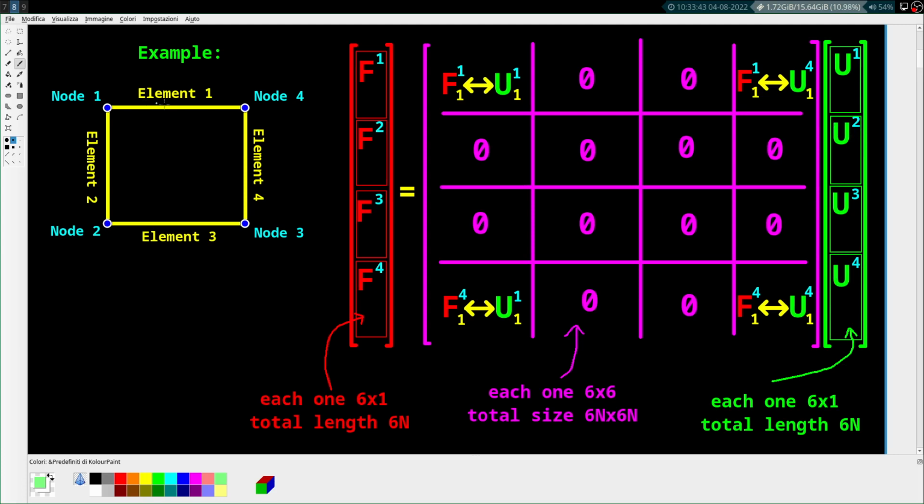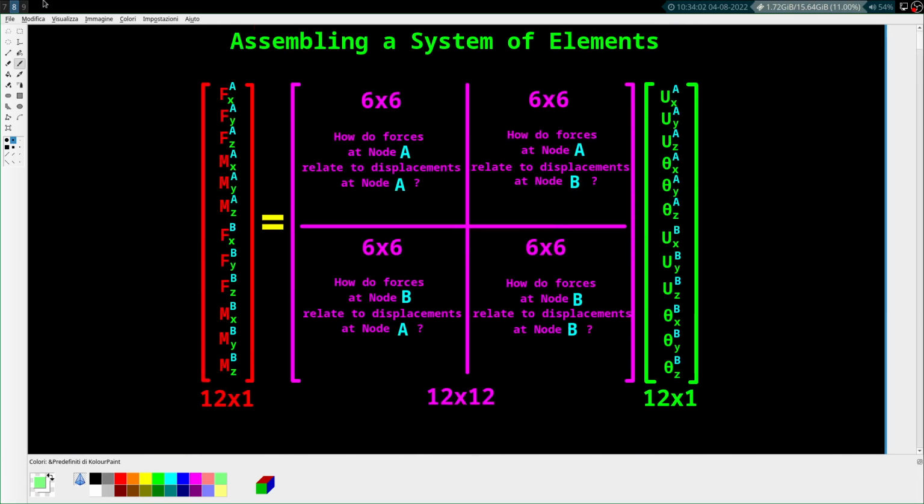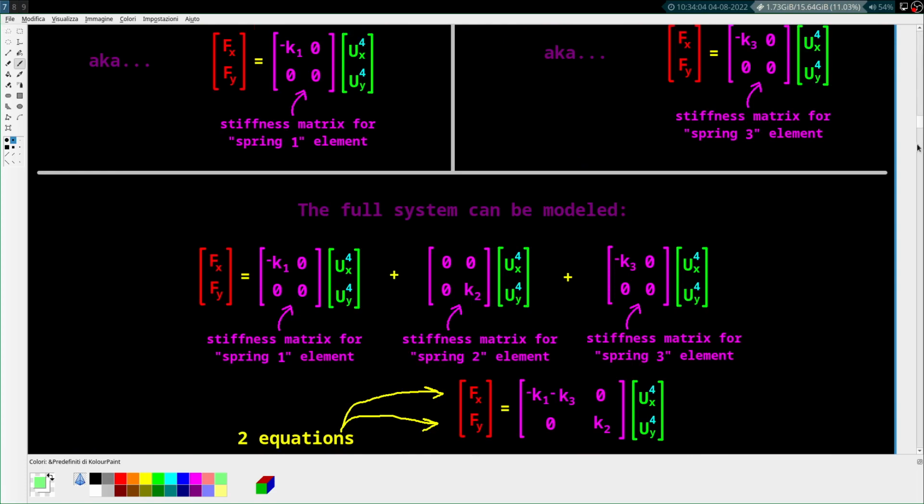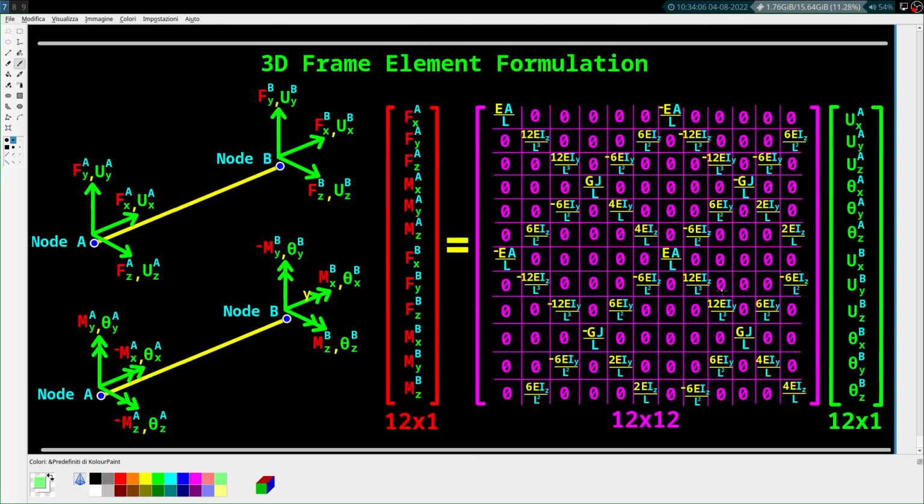And now, element 1 connects node 1 and node 4. So basically that means that all we care about is what's in the 1,1 slot, the 1,4 slot, the 4,1 slot, and the 4,4 slot. So we take the elements in this matrix, this little guy, we cut it down horizontally here and vertically here.